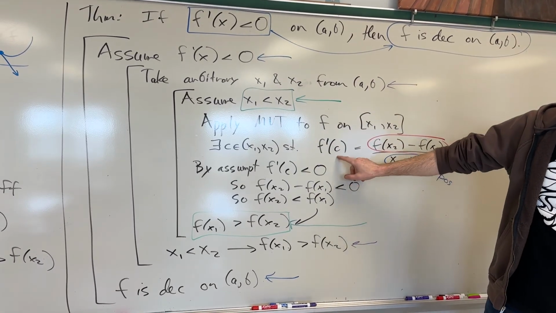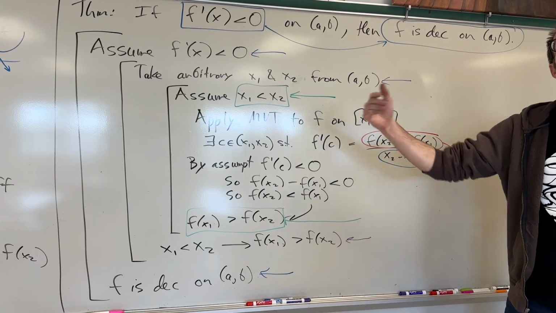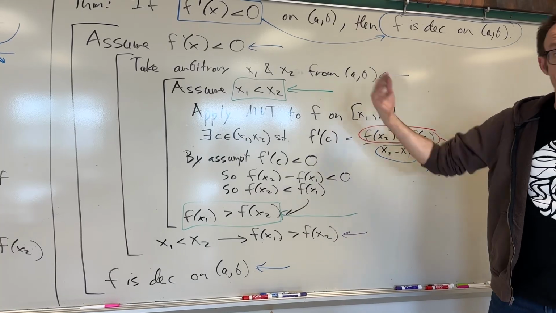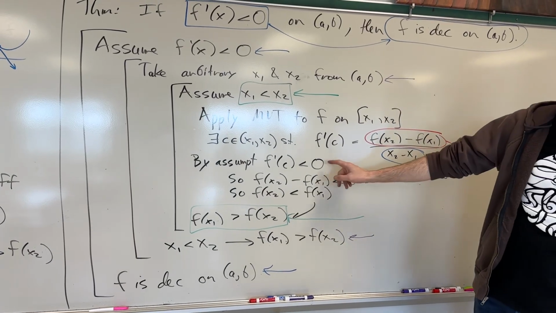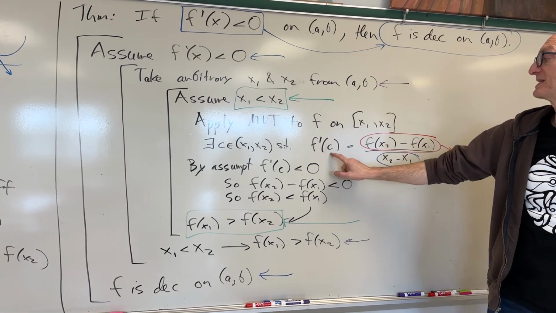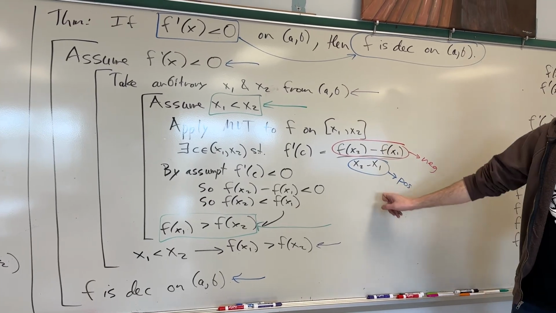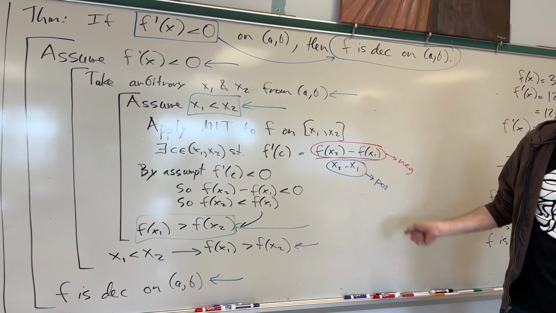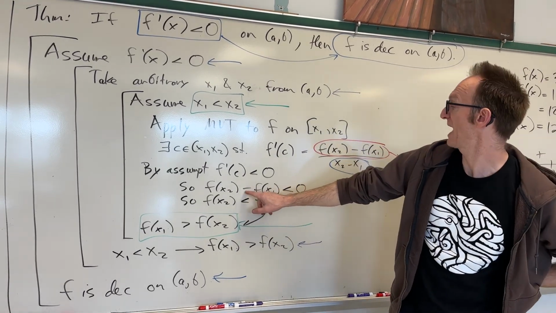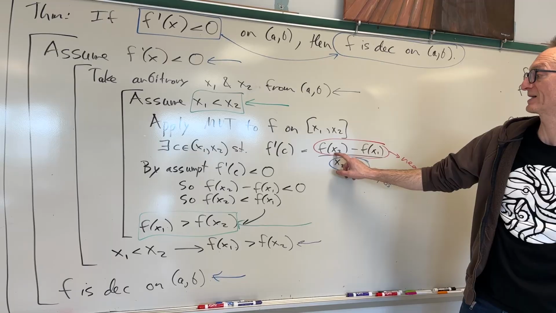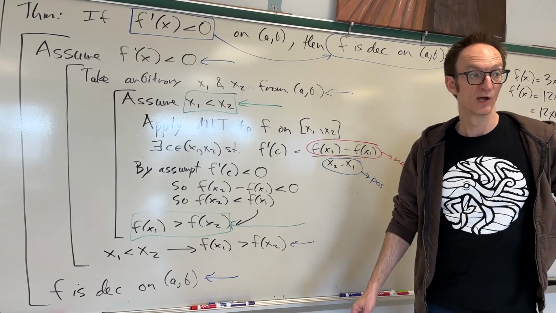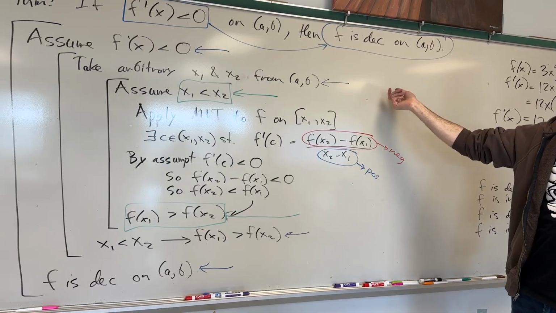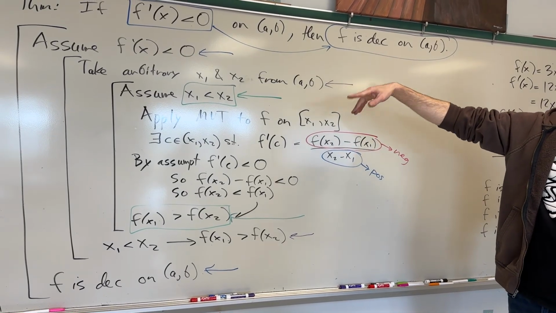Since f prime of c is negative, this fraction is negative, but as the denominator is positive, the numerator must be negative. And if the numerator is negative, it means that indeed f of x2 is the smaller one, as required. Of course, conversely, it's the exact same kind of logic: if the derivative is positive, then the function's increasing.